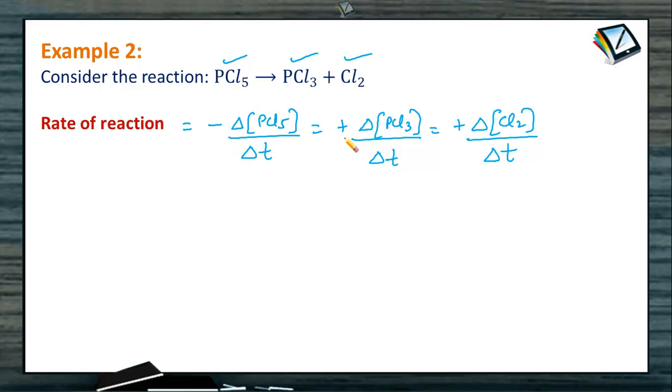And we are keeping a positive sign in front of the products, both PCl3 and Cl2. But overall what we are writing is simply the change in the concentration in a particular time interval.